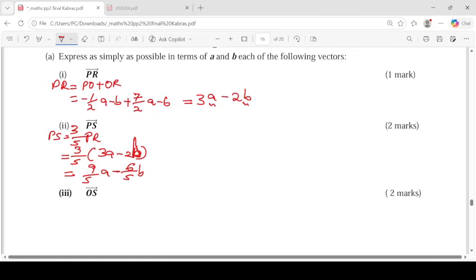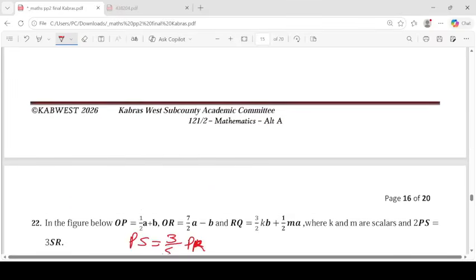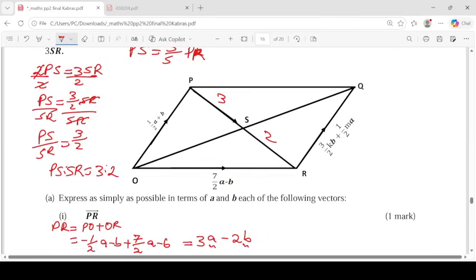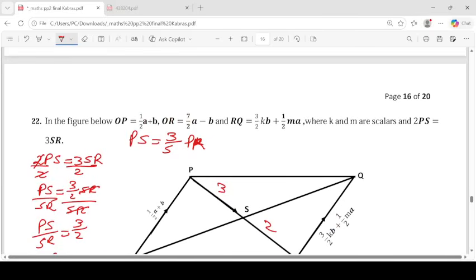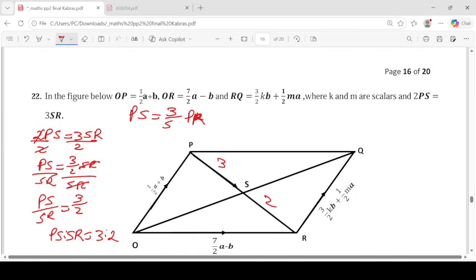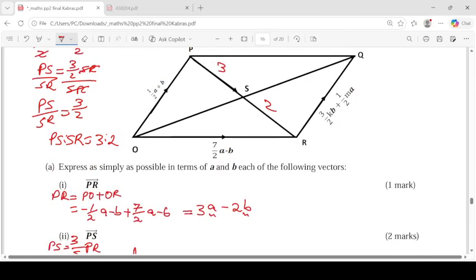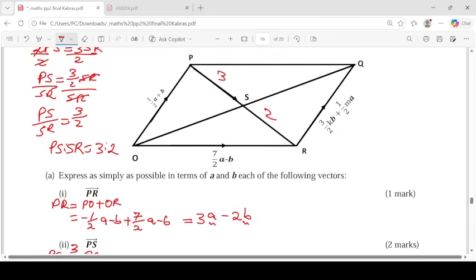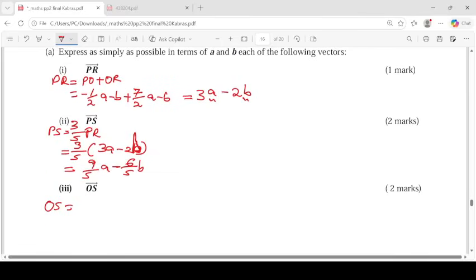Then OS. Let's now get OS. How do we get our OS, dear learners? You have to go back to the question. Let's look at the diagram. Because I've already found PS, I can say OS is OP plus PS.